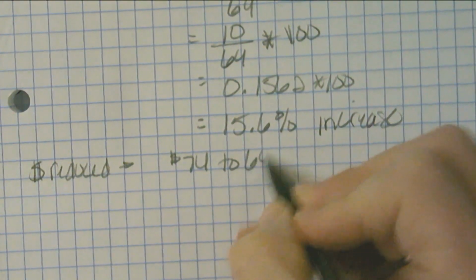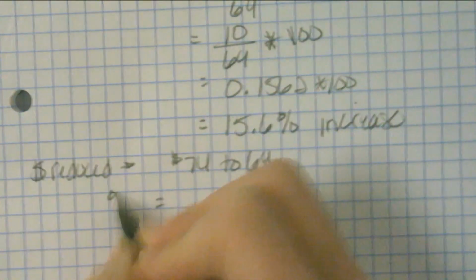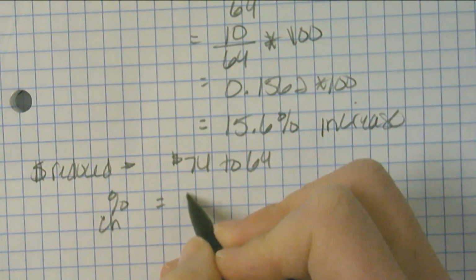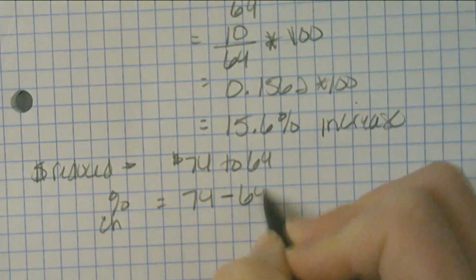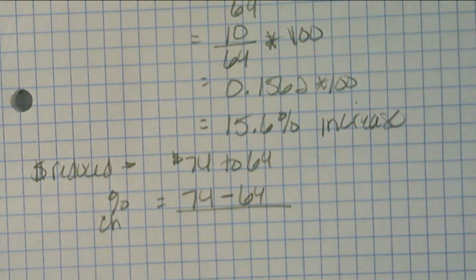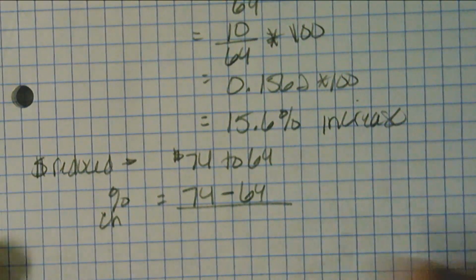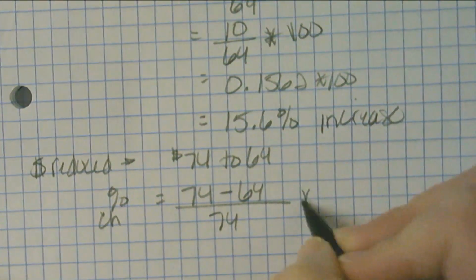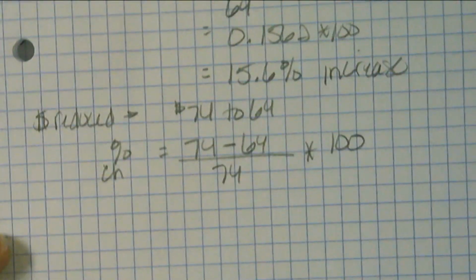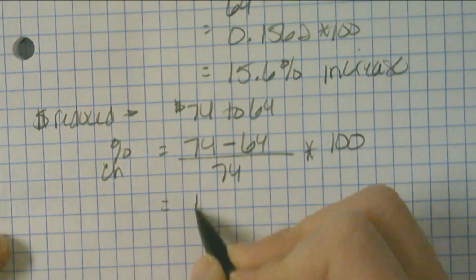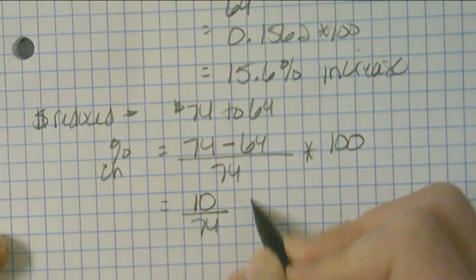All right, so my percent of change is going to be that 74 minus 64. What am I dividing by, Jacob? 74, because that's what we're going from. All right, so I have 10 divided by 74 times 100.